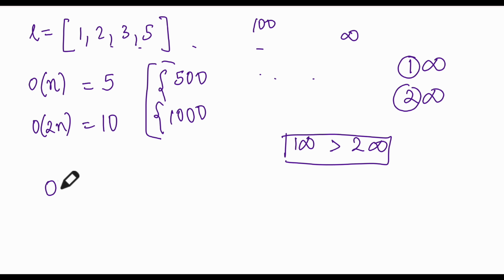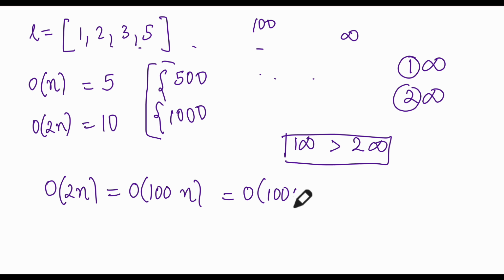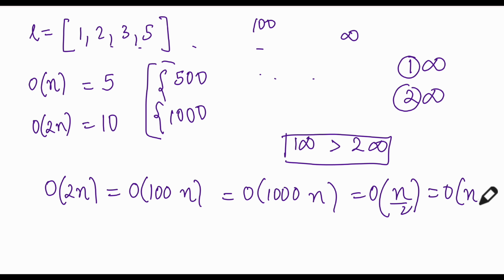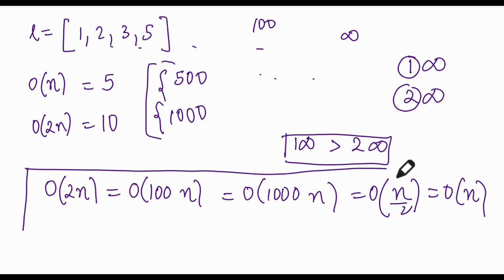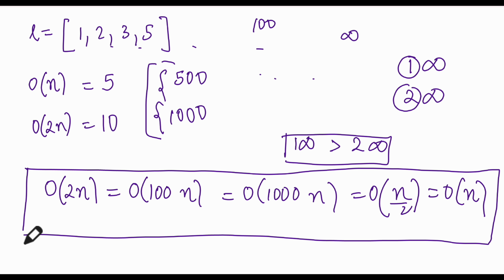For example, O(2n) will be the same as O(100n), the same as O(1000n), the same as O(n/2), and the same as O(n). So when there is code with multiple branches of the same linear time complexity, they will not increase the overall time complexity of your code.